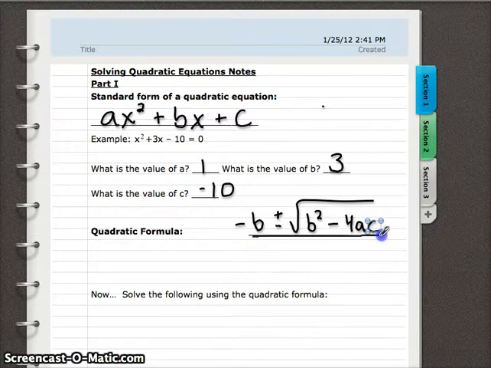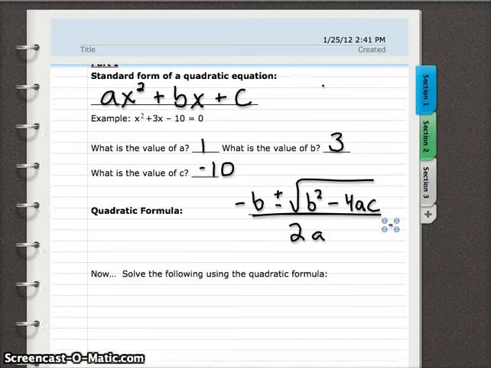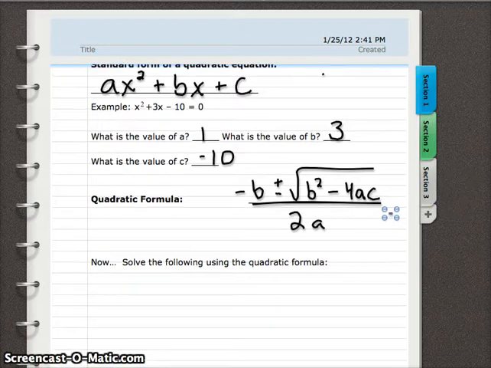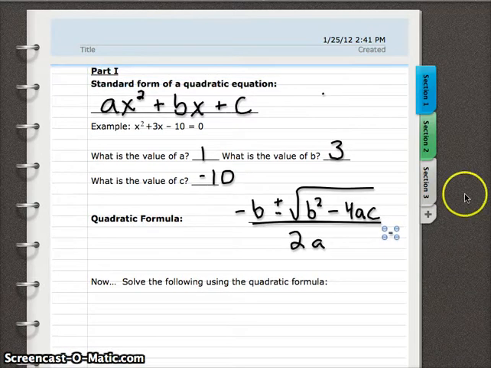So it's pretty long here. And that's all divided by 2 times a. So it seems like an awful lot. If you can memorize it, it will be a lot more helpful. I like to say it to myself every time I do a problem, and that helps me memorize it.